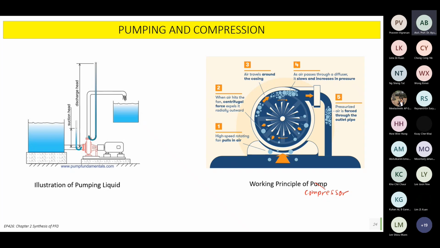So it sucks in the air, then it centrifuges inside. Air travels around the casing. Then the air passes a diffuser. It slows and increases in pressure. So here, pressure will be high. Temperature might change as well. Pressurized air is forced through the outlet.